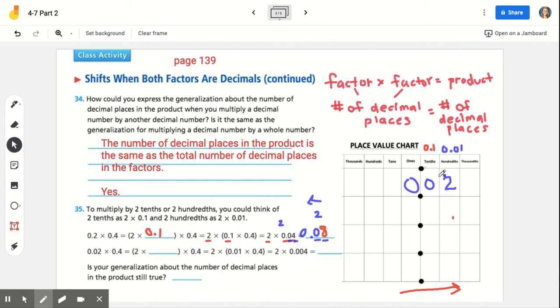So 2 times 1/100 is equal to 2/100. That is true. And then they have times 4/10 again. And then we break it apart. Now we have three factors. 2 times 1/100 times 4/10.